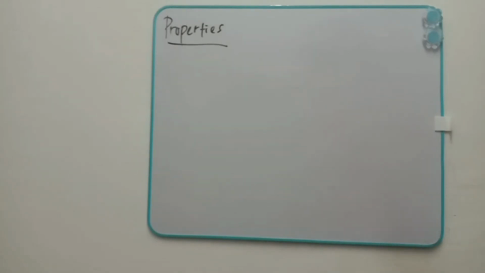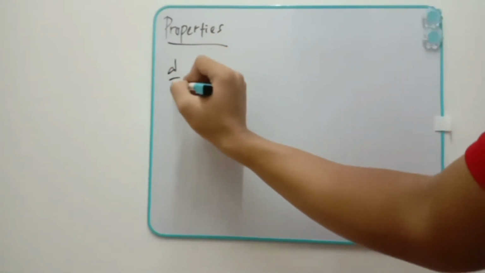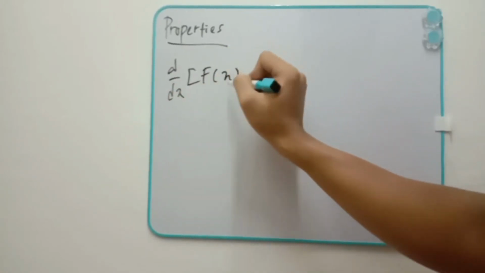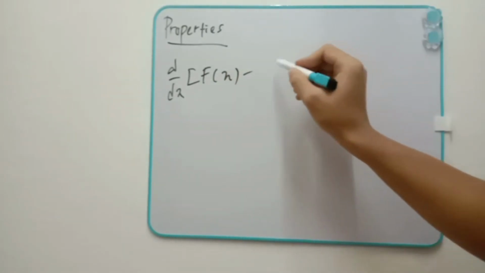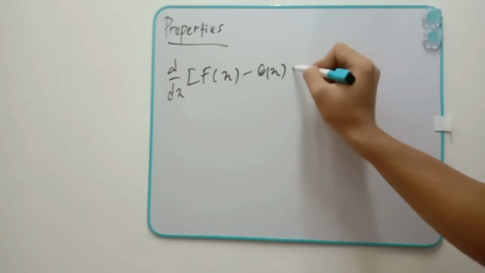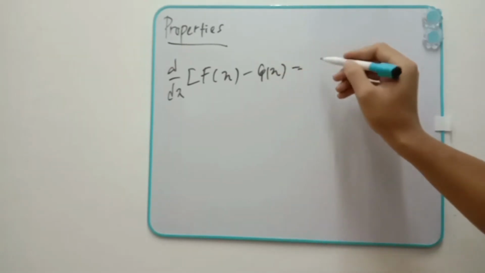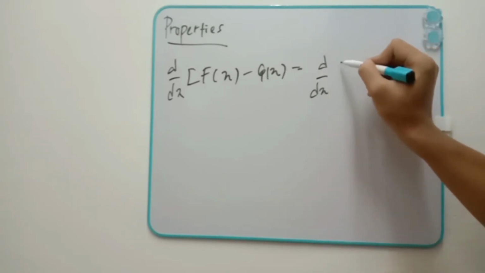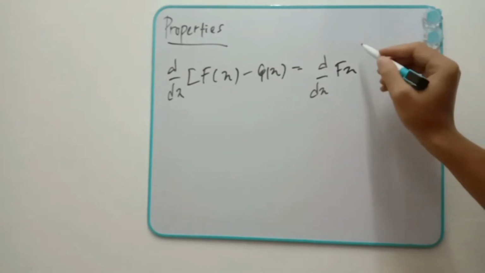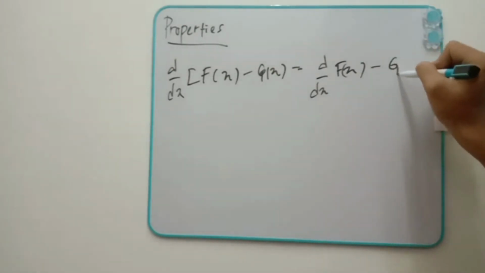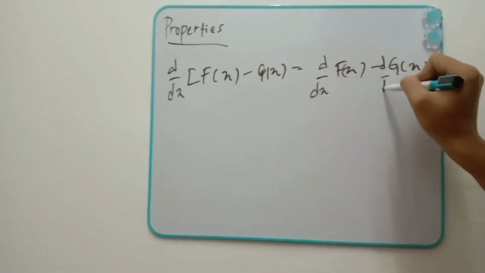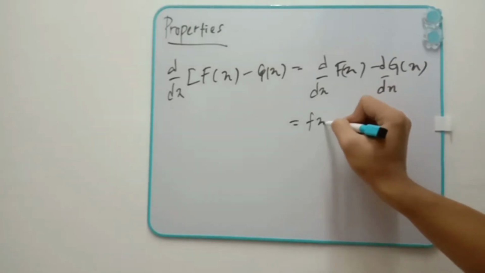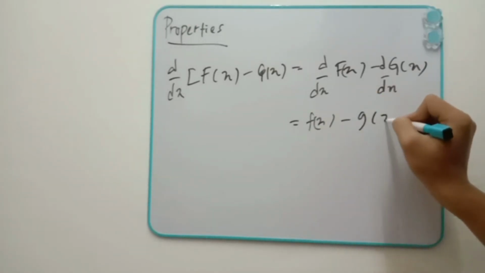For theorem number 3, in differentiation also, when we have two functions being subtracted, we also can differentiate them by separating them into two, then f(x) minus g(x).